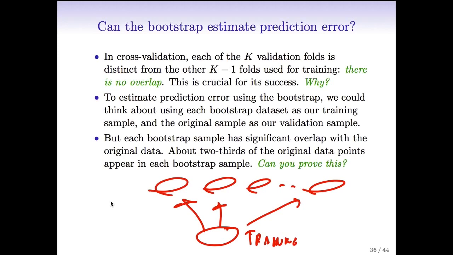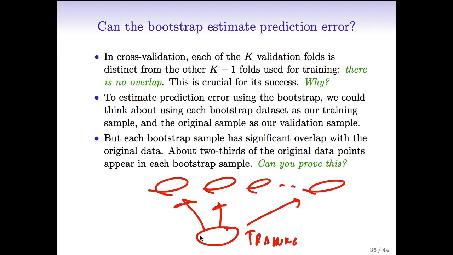This creates a problem because now I train here and then predict the training set, and 2/3 of the points in this training set have already been seen by the model because they're in the bootstrap data set. So on average, this 2/3 overlap means that most of the training points are not novel.